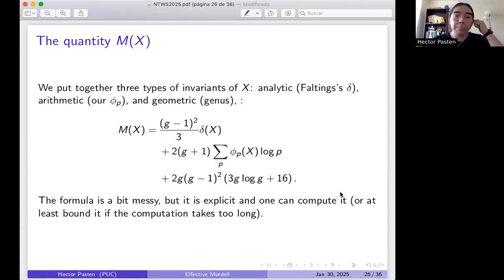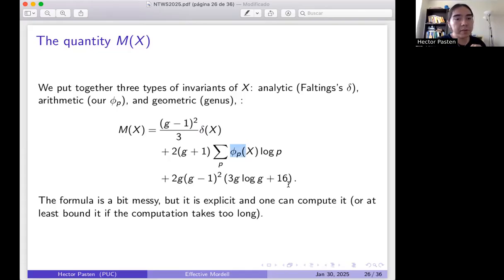Okay, now let me put together the Faltings delta invariant, which is analytic, our phi_p invariants, which are arithmetic, and the genus, which is geometric. And you put all of this together in this formula, and that's what we call capital M. Now, given a fixed genus, this is going to be linear in the delta invariant, linear in the phi invariants, and there is this additional junk coming from the genus.